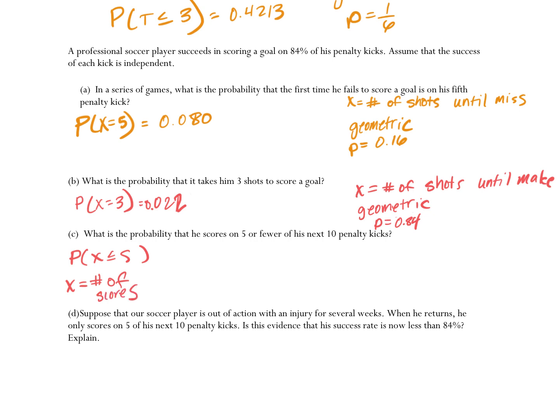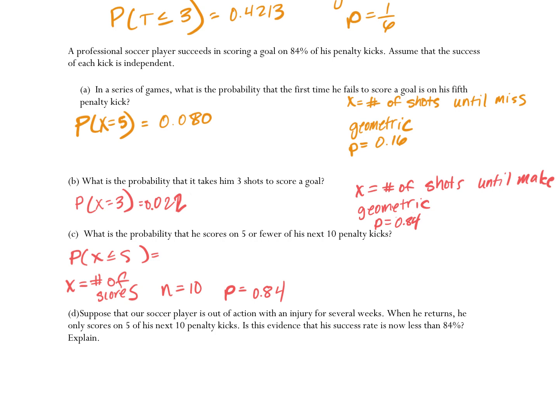What else has changed? We have a set number of trials now. And since we're defining X as number of scores, our P is going to be 0.84. So when I look at this, it gives me a lot more information.